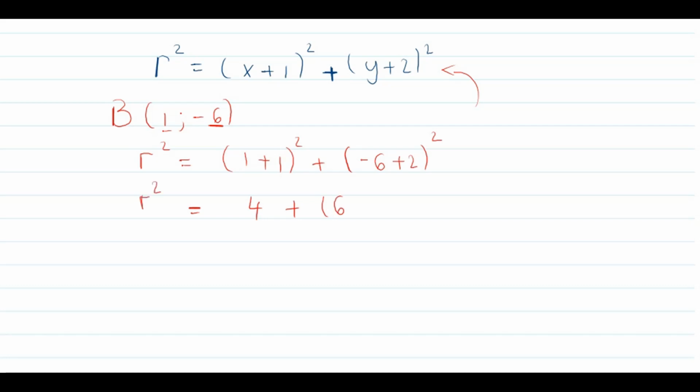Therefore, the equation of our circle is x plus 1 all squared plus y plus 2 all squared, which is equal to 20.